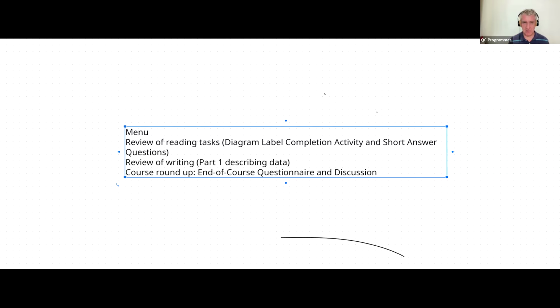We'll look at diagram label completion activity, that's type 10, I think it is, and then type 11, which is short answer questions. So it's very hands-on, and we'll be using the types of materials that Cambridge provide for us and that we can adapt for online use.